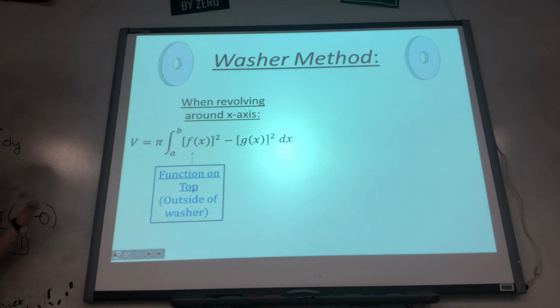It's similar to what we had with the last section, but that first function, the f of x, is going to be the function on top of your bounded region. Function on top. Now, I also put in parentheses that the function on top is what forms the outside of the washer.